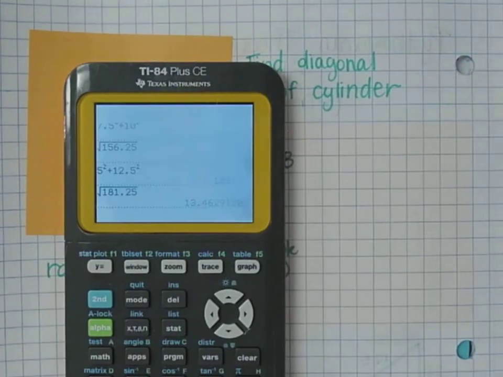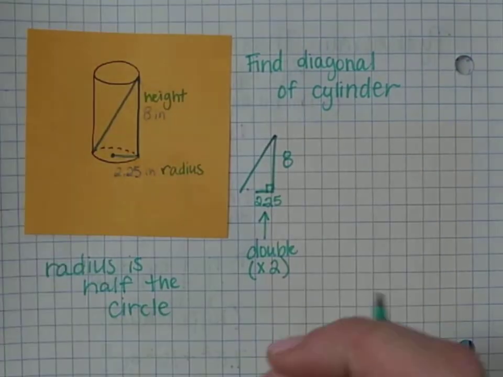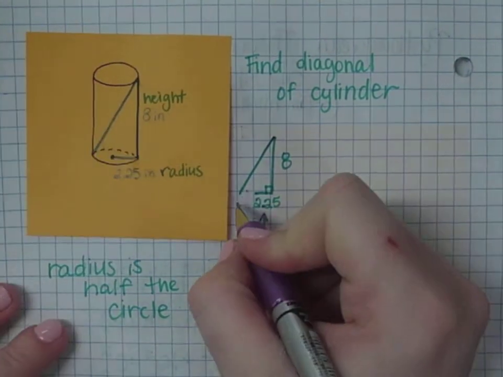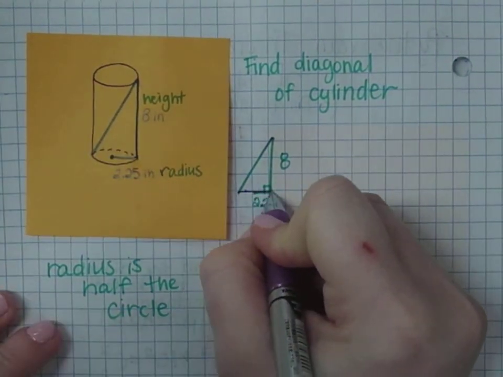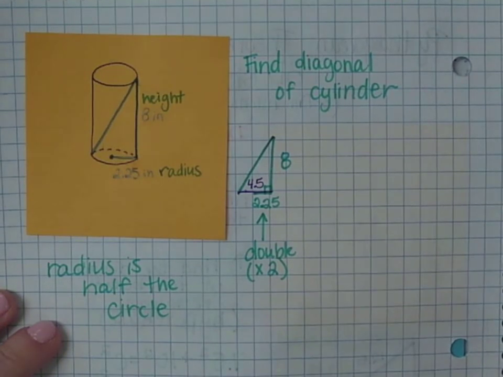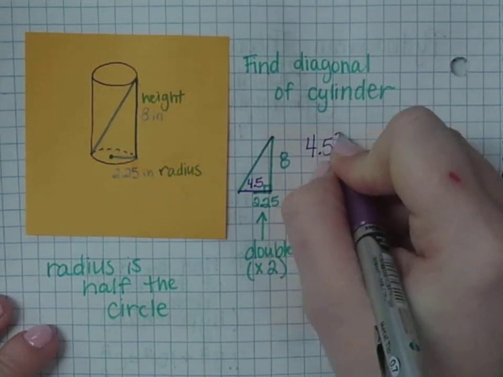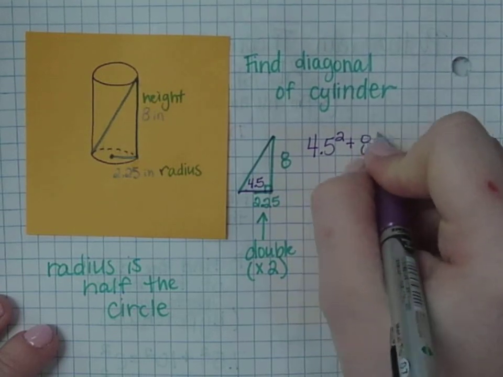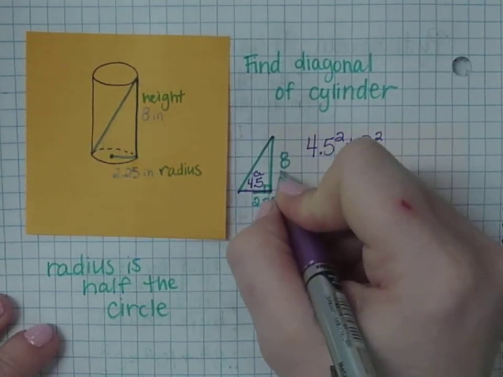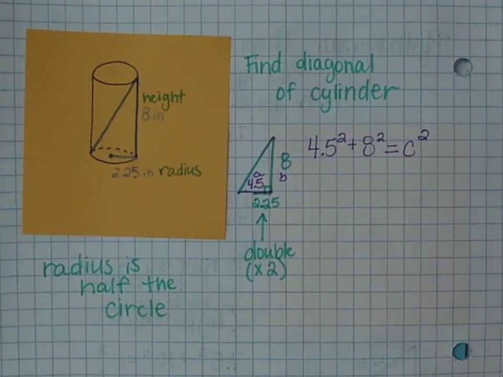So 2.25 times 2 would be 4.5. So the whole distance right here is actually 4.5. So then we would have 4.5 squared plus 8 squared. This would be A, this would be B, equals C squared.